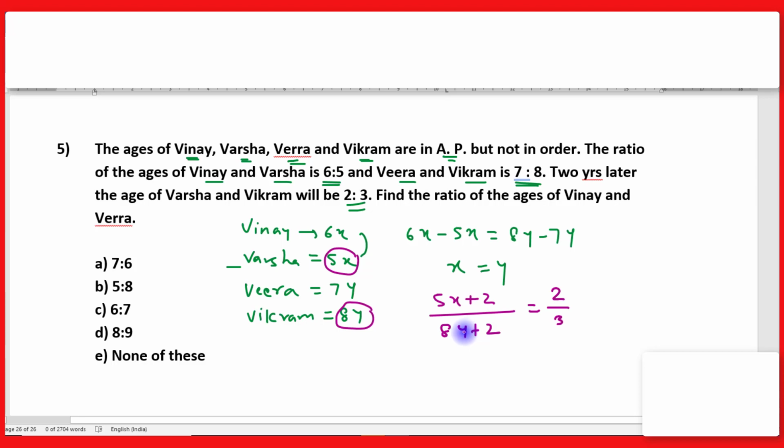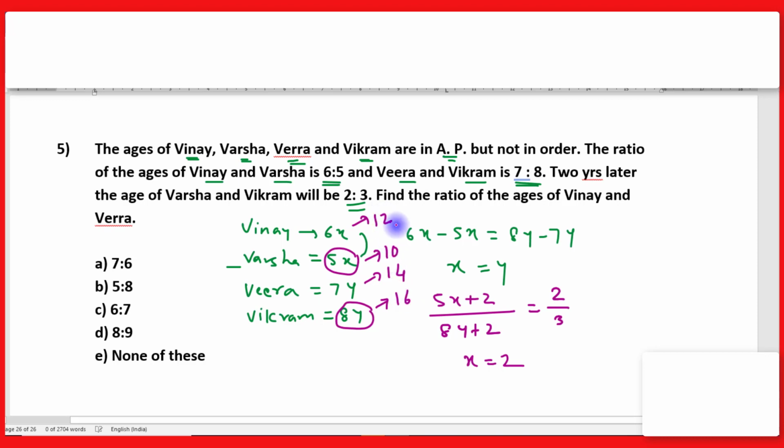After doing so, we will get x is equal to 2. And therefore, Vinay's age will be 6 into 2, that is 12, Varsha's 5 into 2, that is 10, Veera's 7 into 2, that is 14, and Vikram's 8 into 2, that is 16. So 12, 10, 14 and 16.